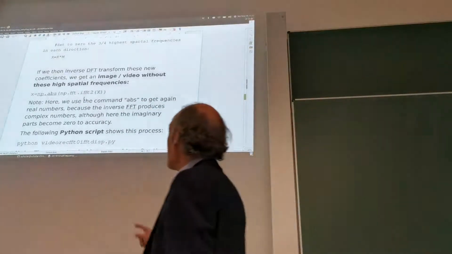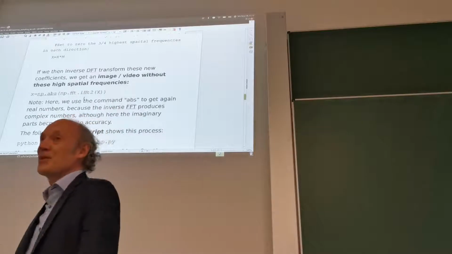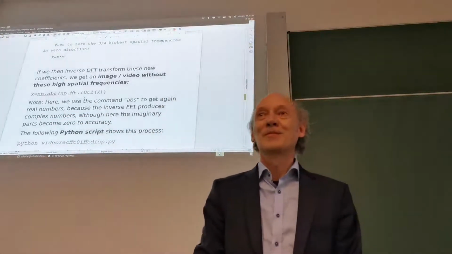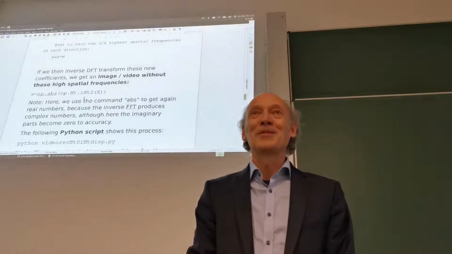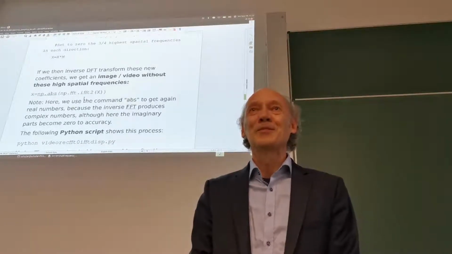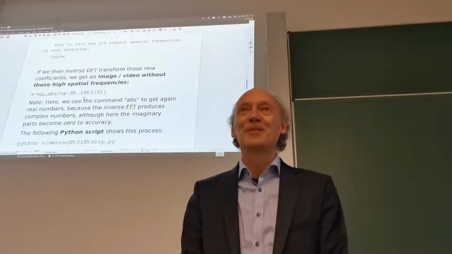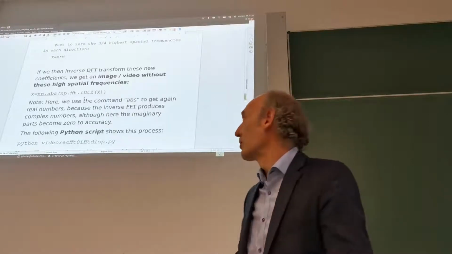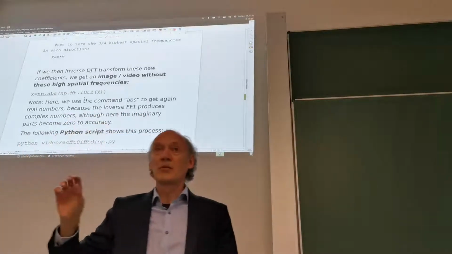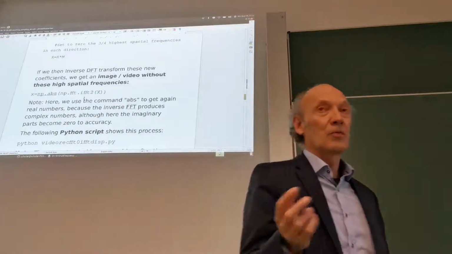And remember why I use abs here after the inverse FFT? Positive real numbers. Exactly, because after applying the inverse FFT, I have complex valued numbers, which is not what we want.